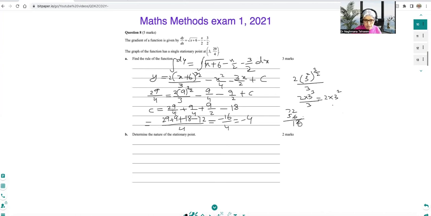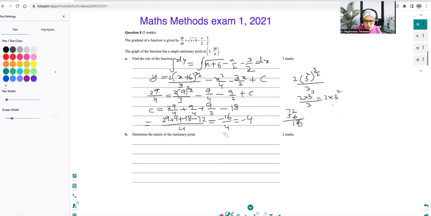So the function we were looking for, I'll write it down here: y is equal to 2 times (x plus 6) to the power 3 over 2, over 3, minus x squared over 4, minus 3x over 2, minus 4. So that's the answer.